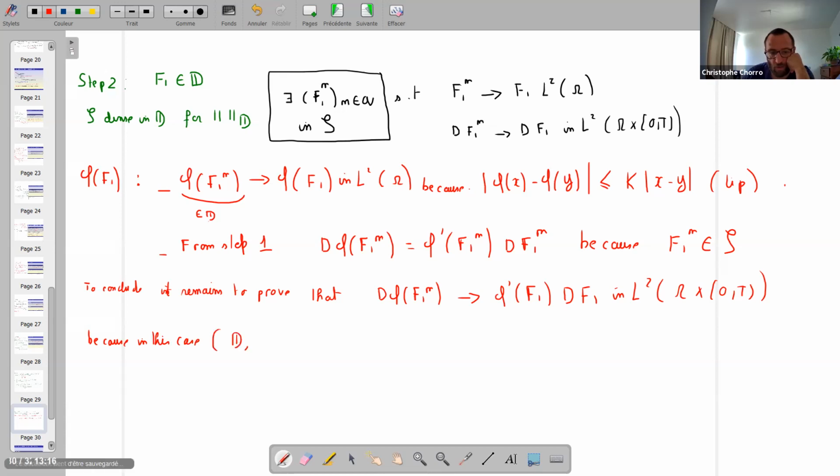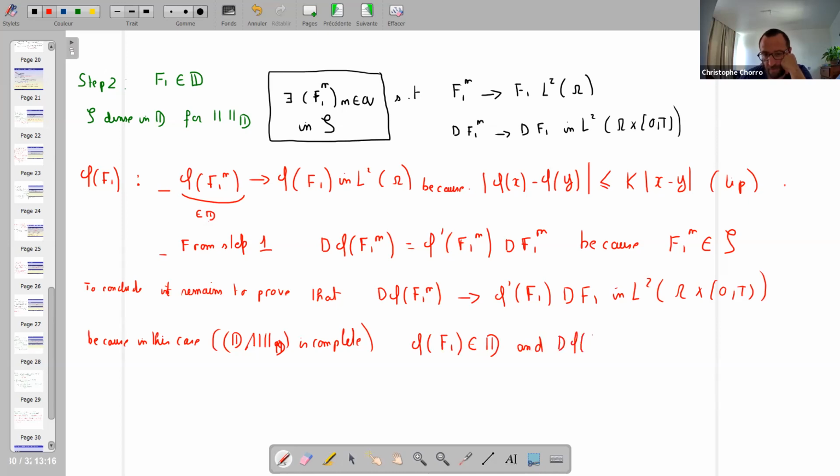Since the domain equipped with the norm D is complete, using the completeness argument, I have phi of F1 that belongs to D and D of phi of F1 is equal to the limit of D of phi F1n.